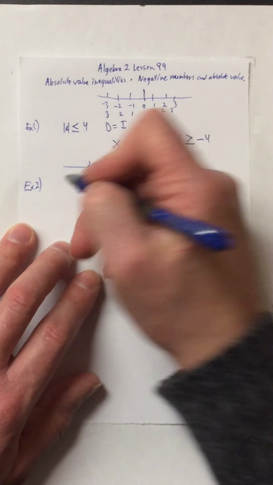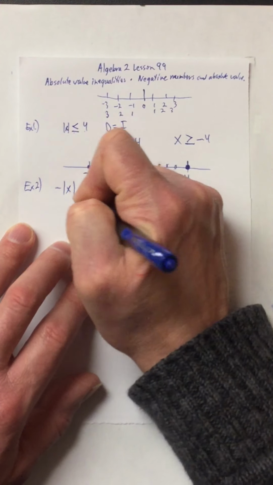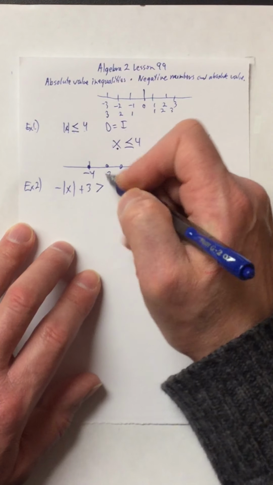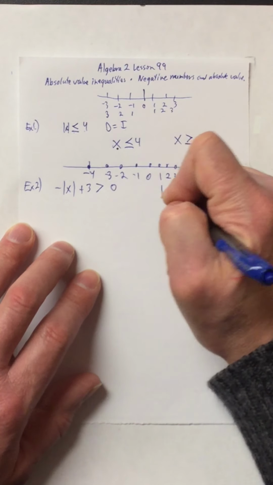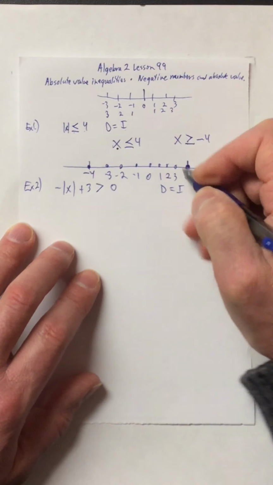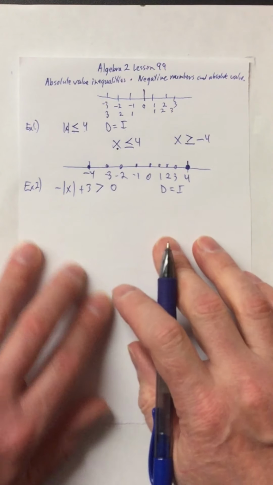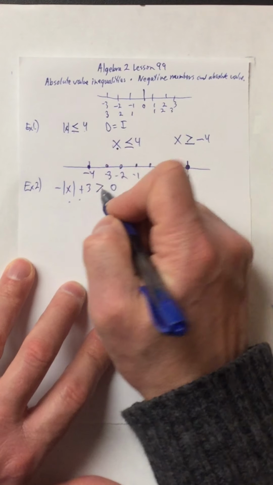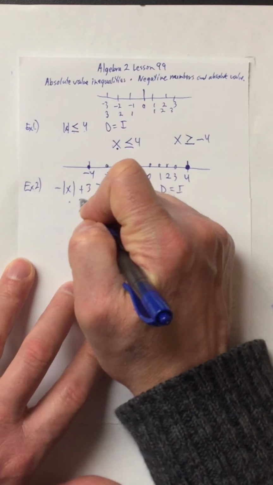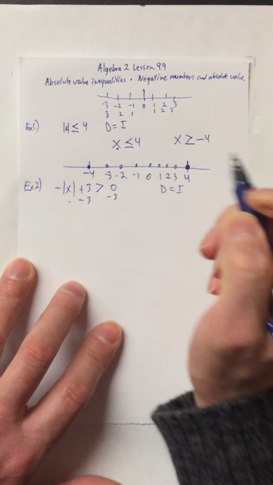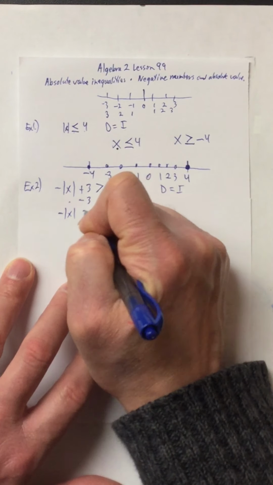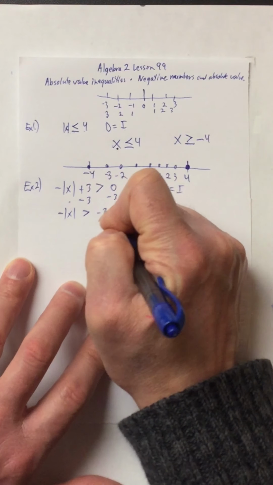All right, example 2 is negative absolute value of x plus 3 is greater than 0. Once again, our domain is integers. For this one, we have to get x by itself first. Just as if this was an equal sign, let's subtract 3 from both sides. Now we have negative absolute value of x is greater than negative 3.